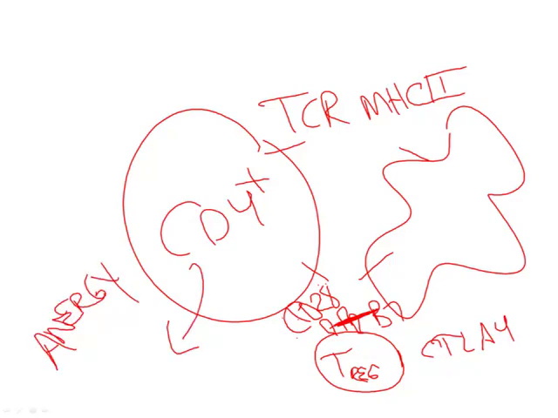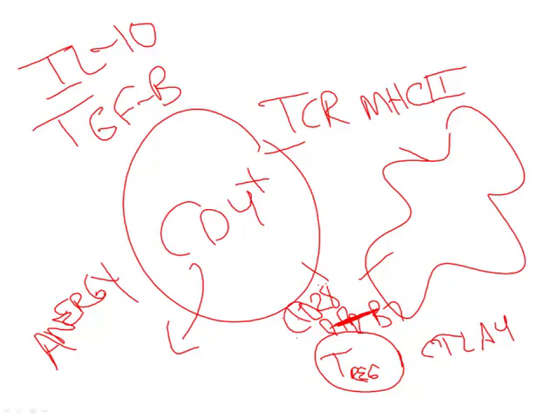Another way by which the regulatory T cells can inhibit immune responses is by secreting cytokines. So two cytokines that they secrete are, number one, IL-10, and number two, TGF-beta. IL-10 is important because it inhibits macrophages and dendritic cells. In particular, it limits the expression of MHC class II.